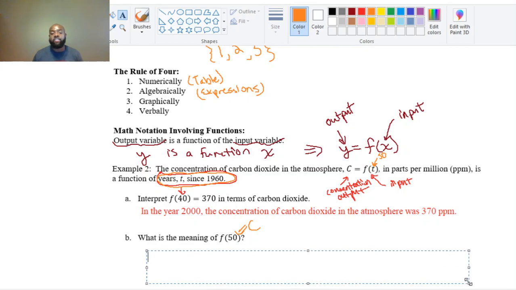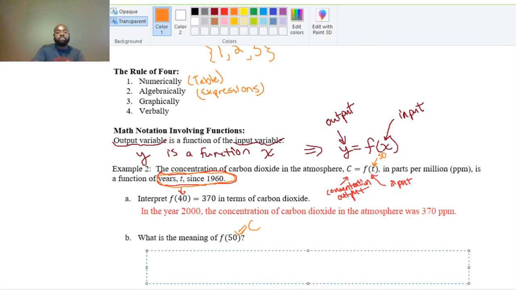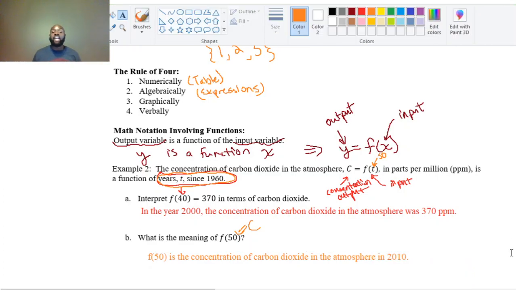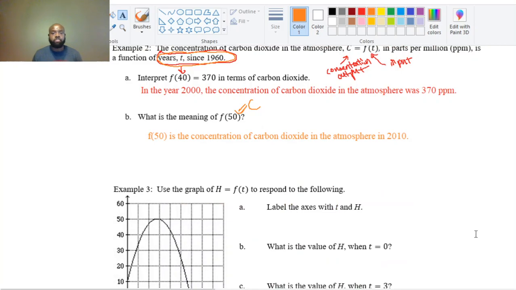And so if I give the interpretation of that, I'm going to say F of 50 is the concentration of carbon dioxide in the atmosphere in 2010. That is the interpretation. I don't know how much is in the atmosphere, but that's what F of 50 represents. And there's my interpretation.